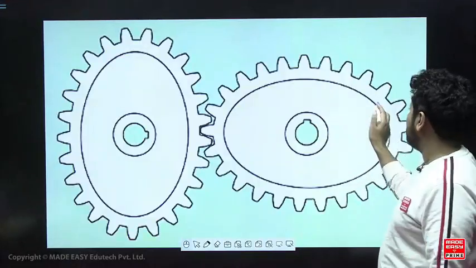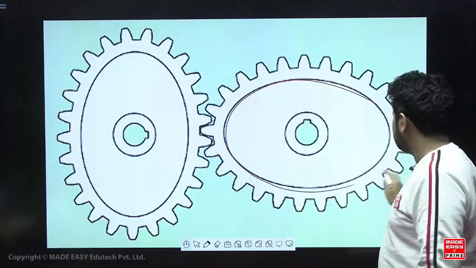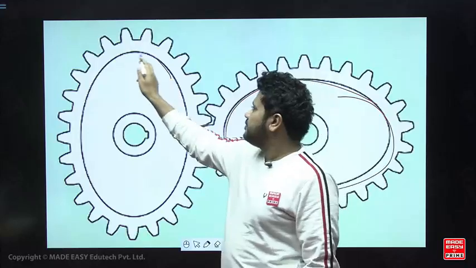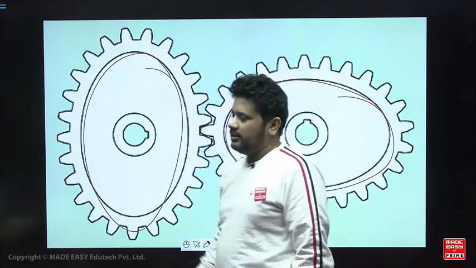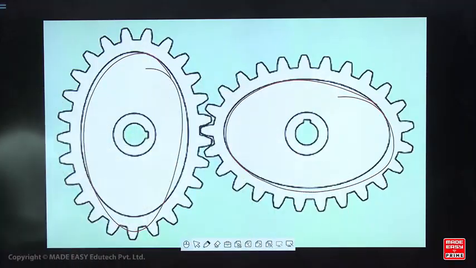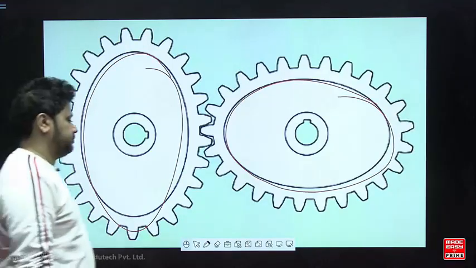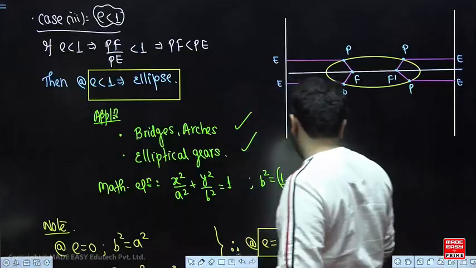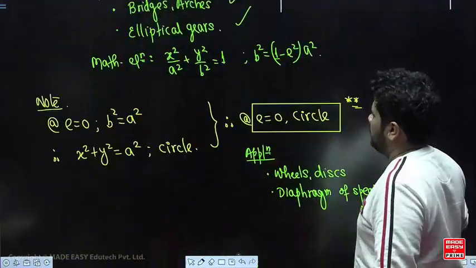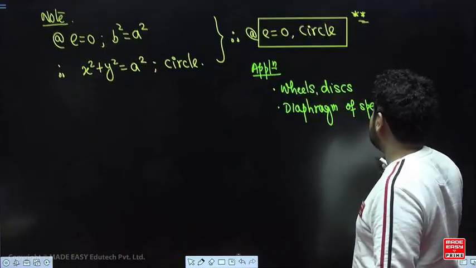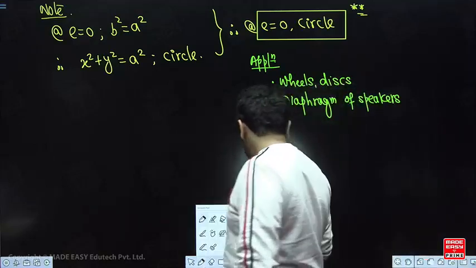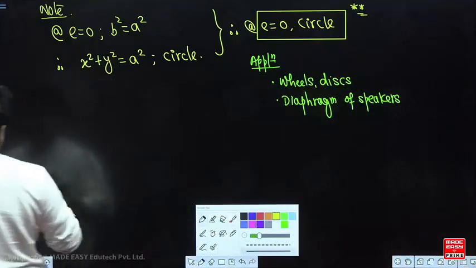Gears, so this is your elliptical gears. Fine. So circles: wheels, disc, diaphragm, etc. Now there are a few things that you have to understand or note.